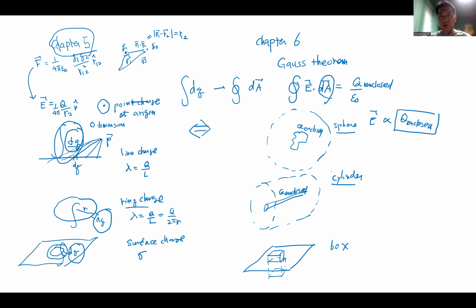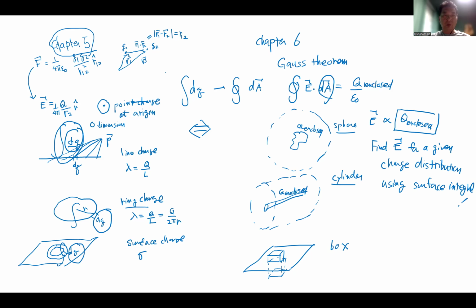The purpose of the Gaussian theorem is to find E for a given charge distribution using the surface integral. That's the big difference.